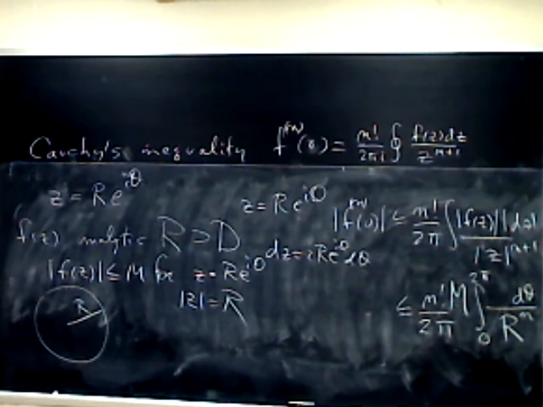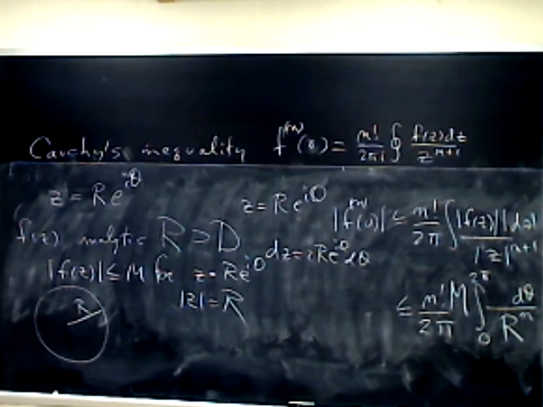But, of course, we could repeat this same statement for any r greater than r0, because if it's bounded by M for z in absolute value greater than r0, it's certainly also bounded by M for z greater in absolute value than some r.